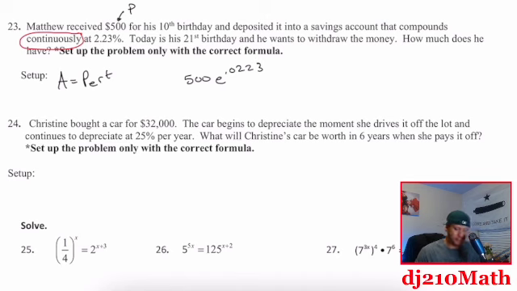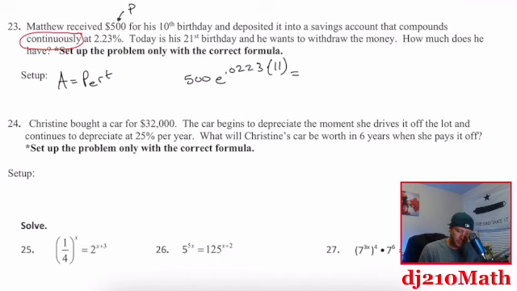You move the decimal place 2 places to the left. Times T, which would be his 21st birthday today. So how many years have gone by? 11 years. So times 11 years.